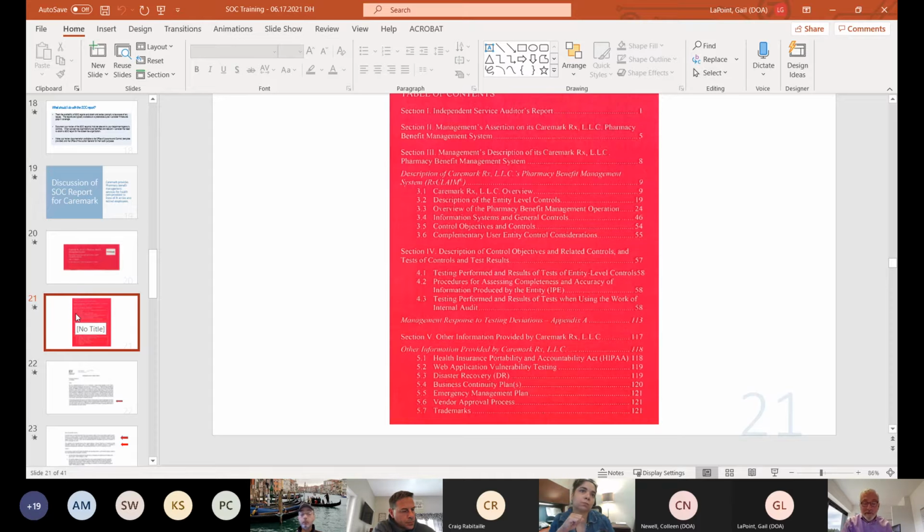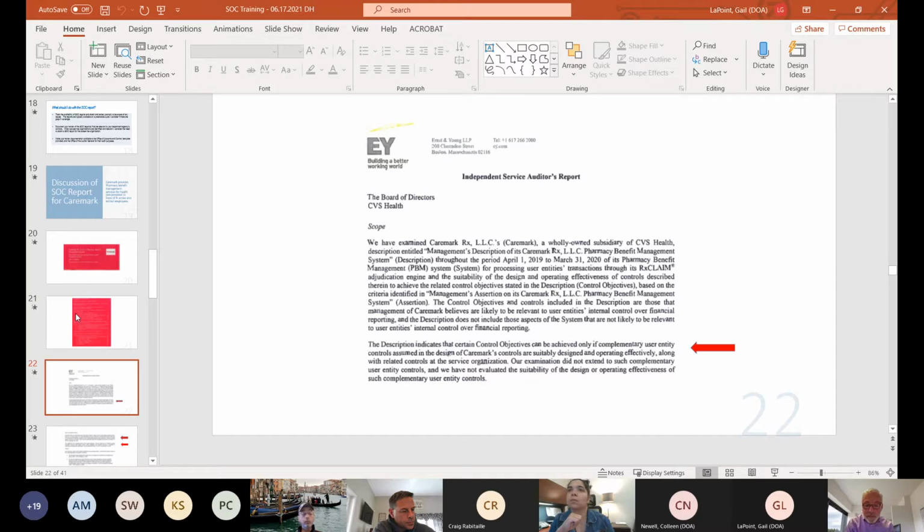On slide 22, I've cut and pasted some examples here so that you can see. In this case, the report was done by Ernst & Young. You will tend to find that these SOC reports are done by larger accounting firms that specialize in doing this type of work, because it requires a certain level of expertise and staff, particularly for large organizations.